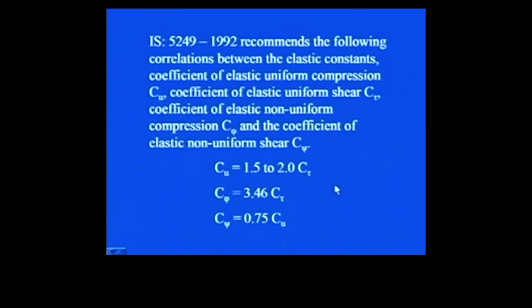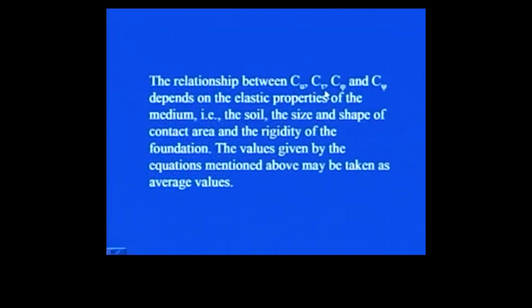So these are just empirical correlations based on the experience of different research workers and different practitioners, engineers. The relationship between Cu, C tau, C phi and C psi depends on the elastic properties of the medium, that is, in this case soil, the size and shape of contact area and the rigidity of foundation.